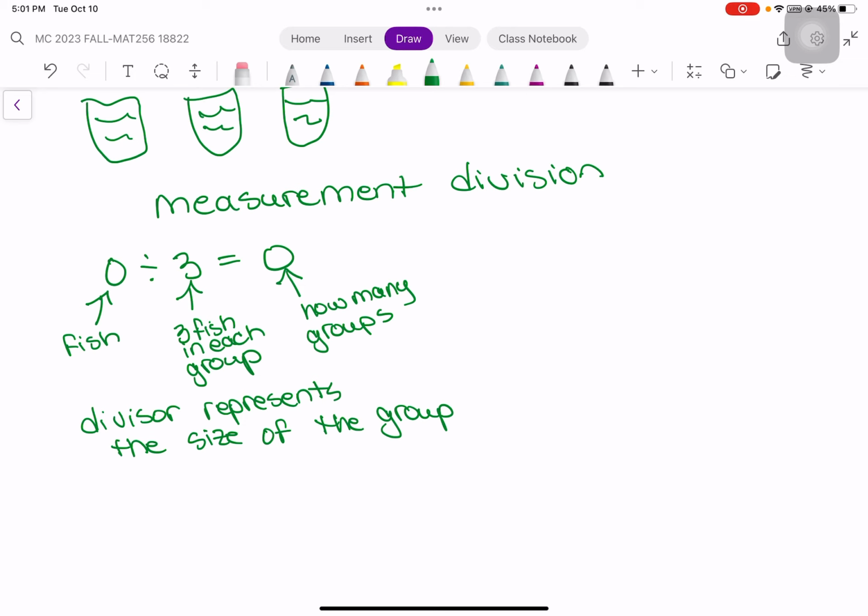because I don't have any fish to put in groups. The other one, 3 divided by 0, with this same idea of measurement division. Now I have 3 fish. I want to put 0 fish in each group. So I want to know how many groups.